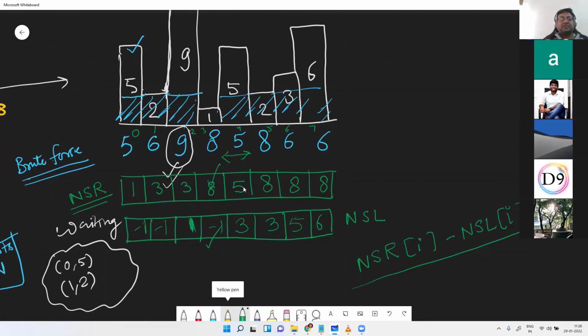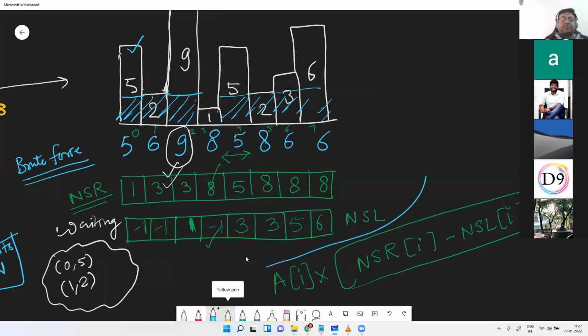See, for 5, the answer is on the right side it is 5, left side it is 3. 5 minus 3 minus 1. This is the extension possible. Into A of I, if you do, this is the area that I location will contribute.